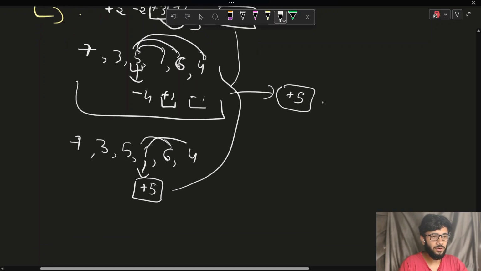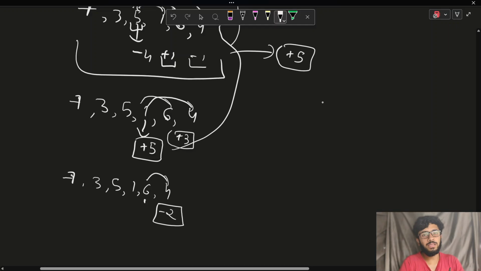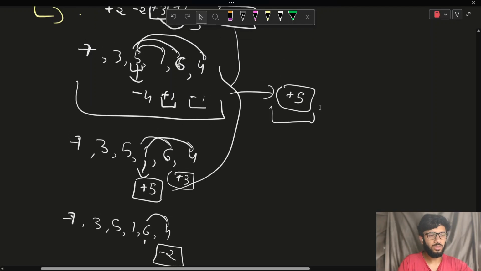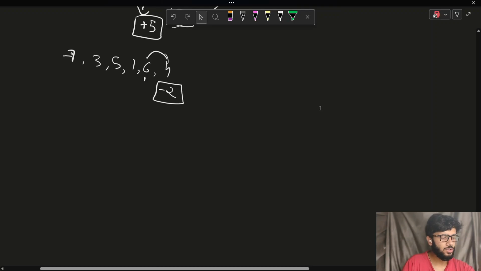If I sell it on next to next day, then also I will earn a profit of +3, but it is not greater than +5, so I will not consider this also. Taking another case, 164. If I buy on this day, next day I will be booking a loss of -2. So what I have to take is the best case, and that's what we have got, the +5. So that's the whole intuition, or whole logic, which we will be implementing in this question.